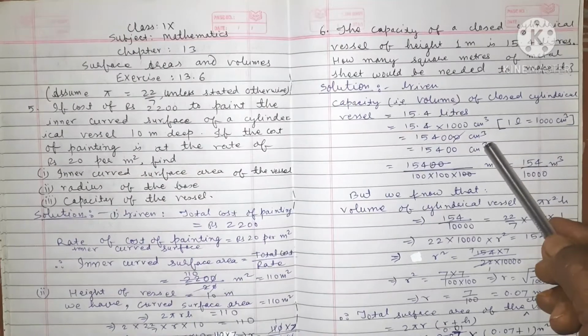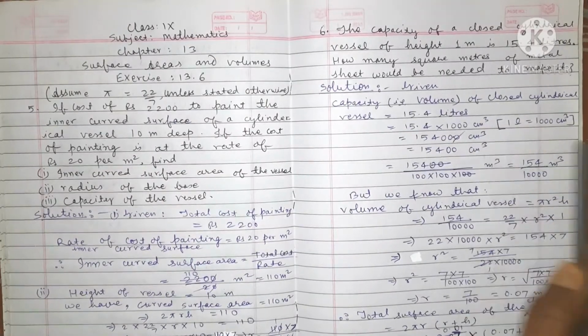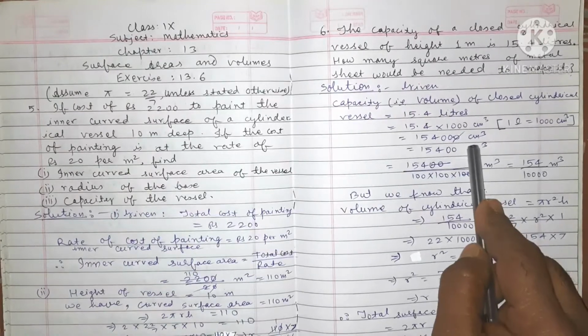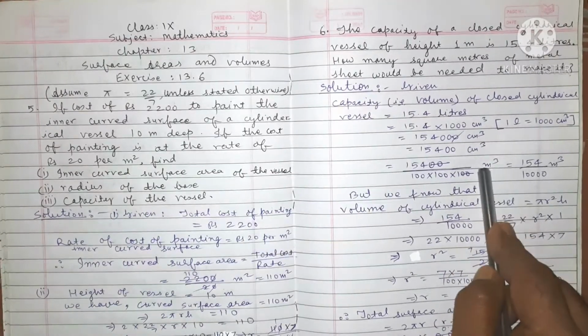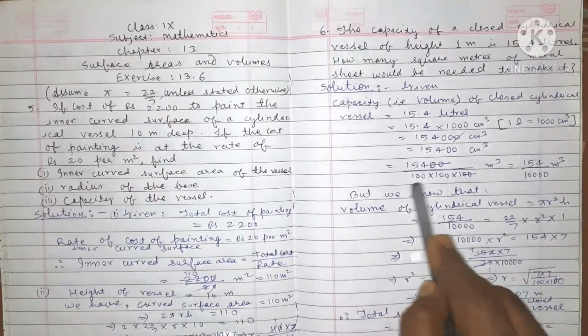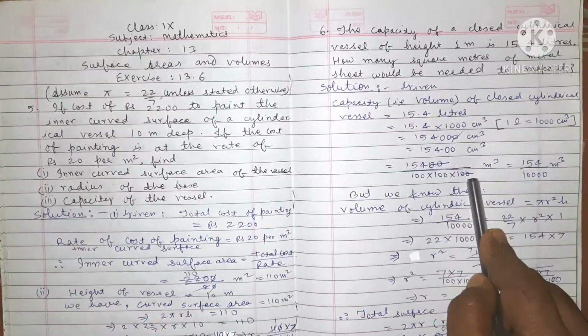Now we change centimeter cube into meter cube. Centimeter cube is a smaller unit, meter cube is a bigger unit, so we divide by 100 into 100 into 100.